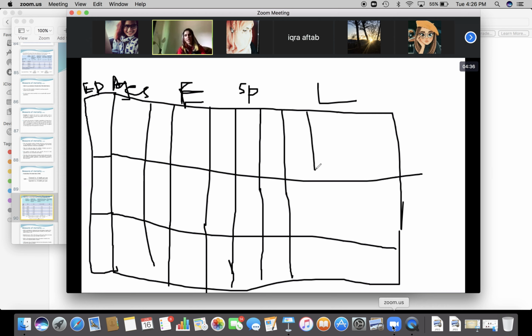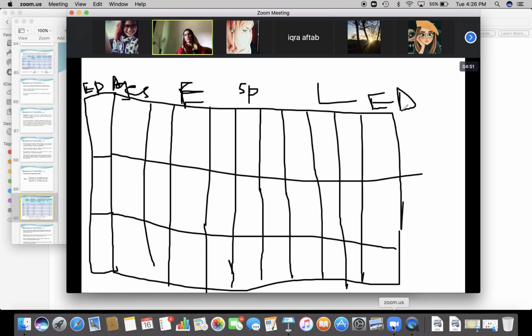Expected number of deaths, okay? That we will learn how to calculate. Expected deaths for the later period, and expected deaths for the early period also. This is what we need for direct age adjustment.